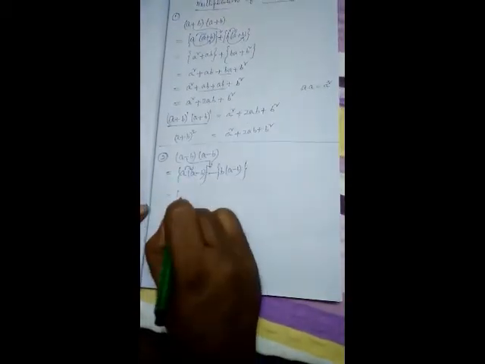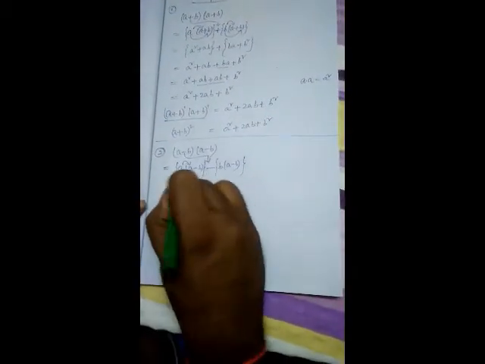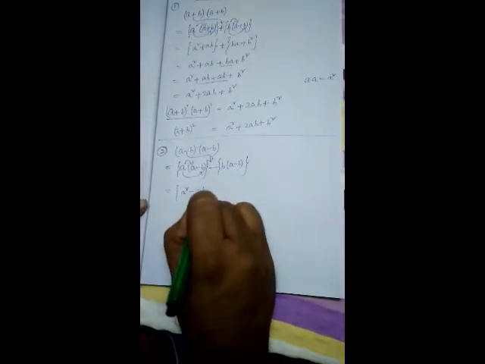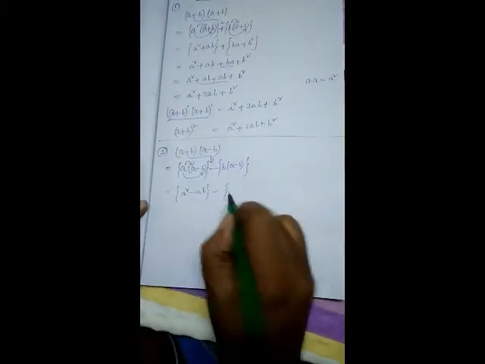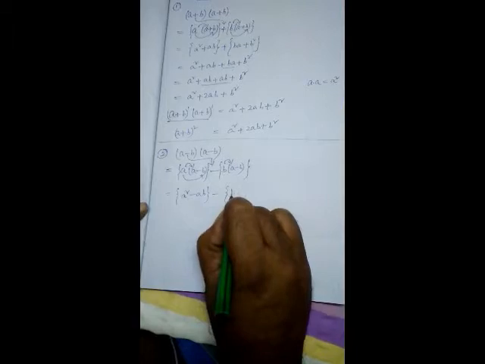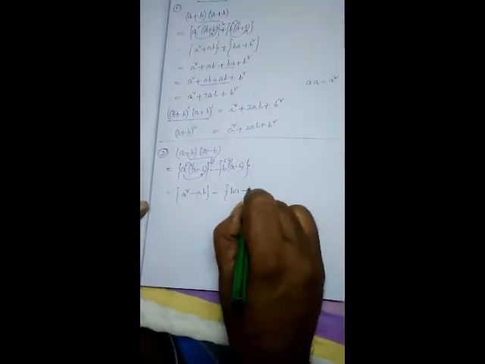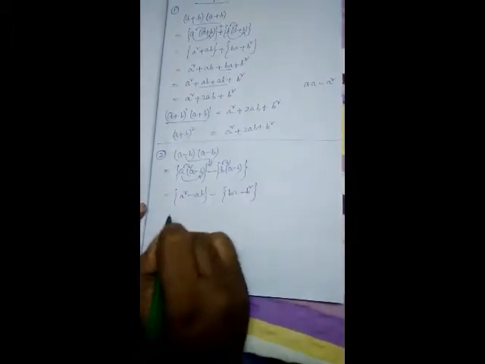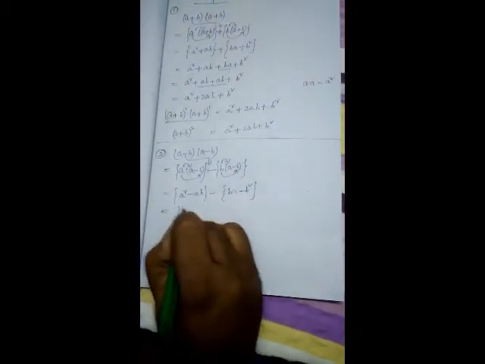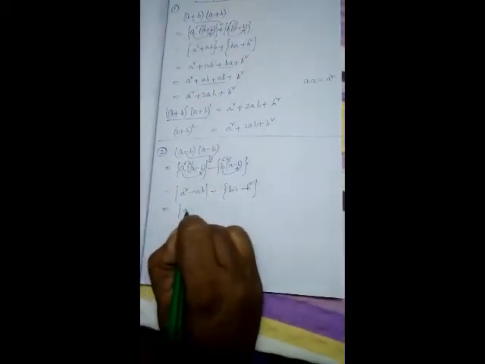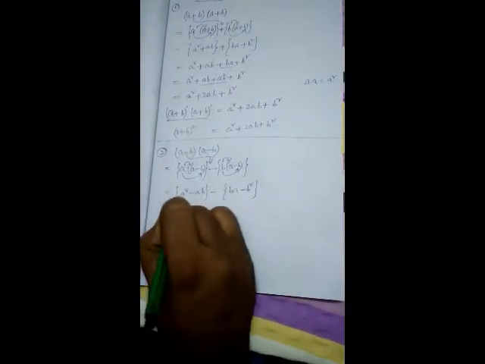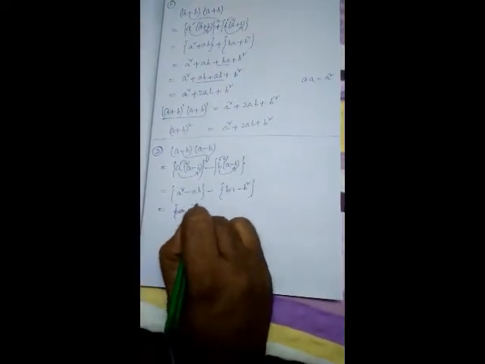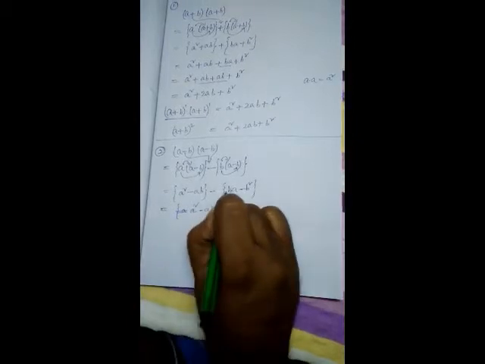So here, multiplication: a into a, a square, minus a into b, ab, minus b into a, ba, minus b into b, b square. As it is, we can break the brackets.